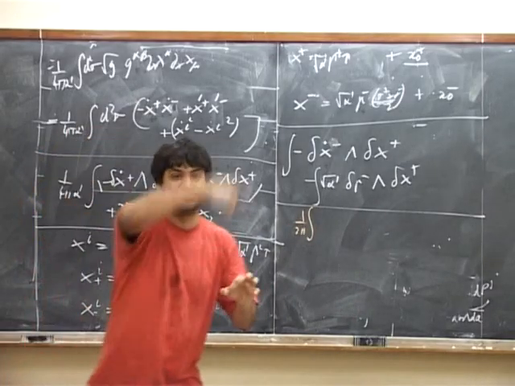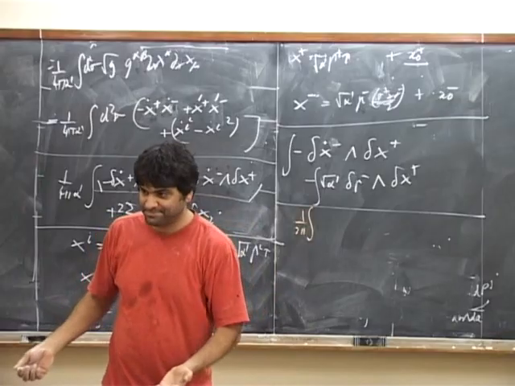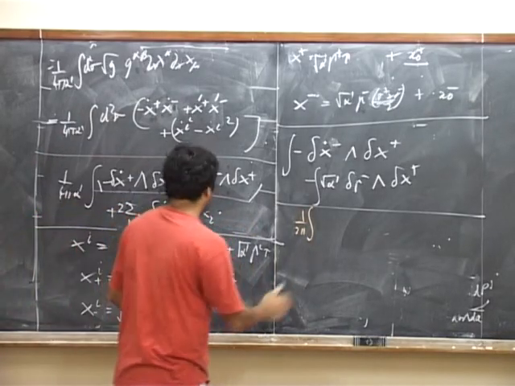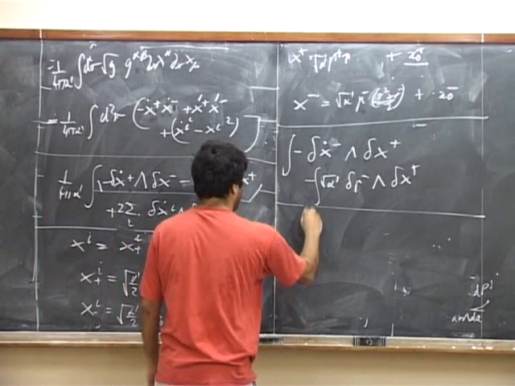Now you do the integral over sigma, and that gives you a factor of 2 pi.